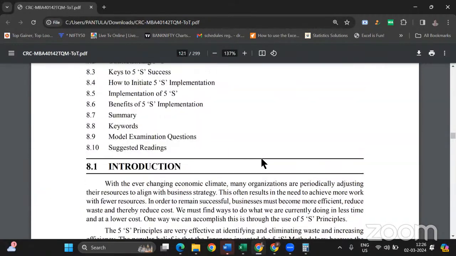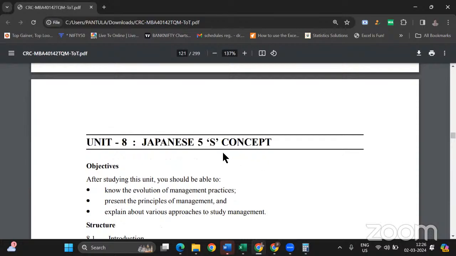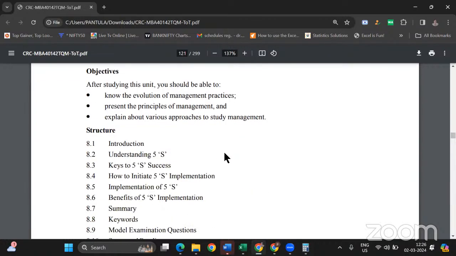Now we'll quickly move on to the eighth unit: Japanese 5S concepts. Why Japanese? We already discussed Japanese quality control in unit 2 or unit 3. The Japanese are very focused on quality, so they have very good quality practices.